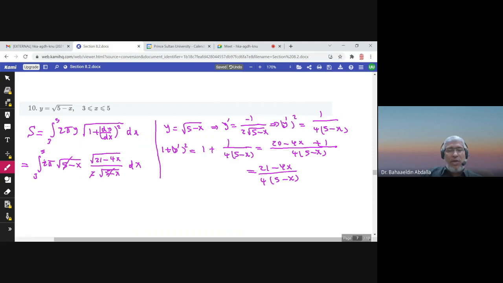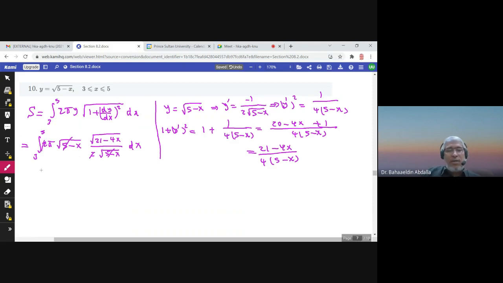So I will have pi times the integral from 3 to 5 of square root of 21 minus 4x dx.